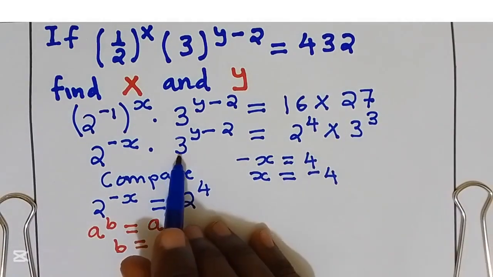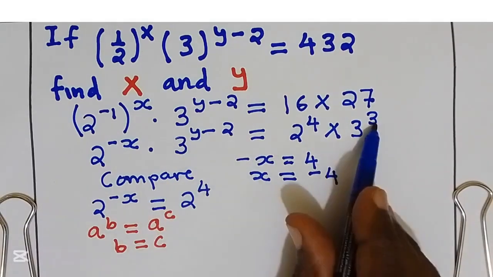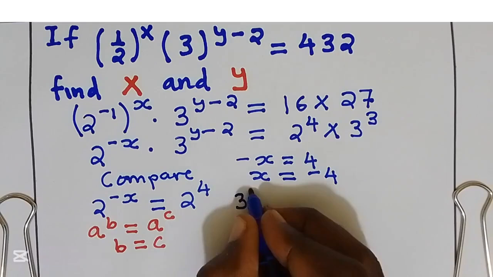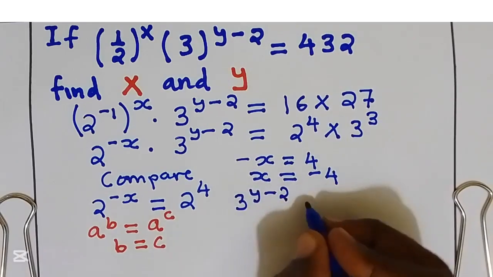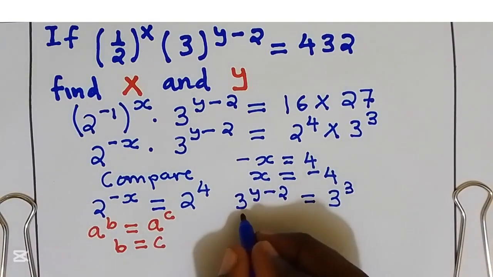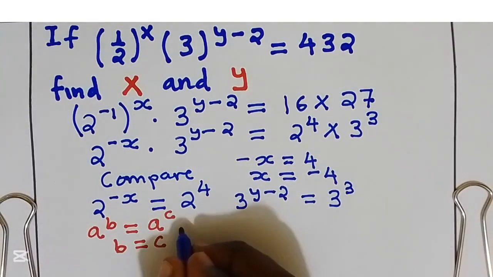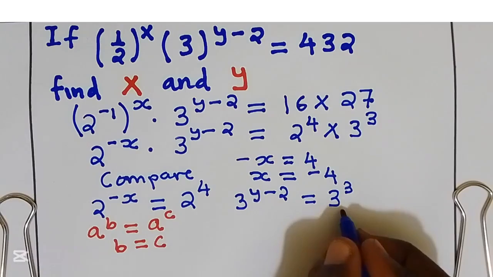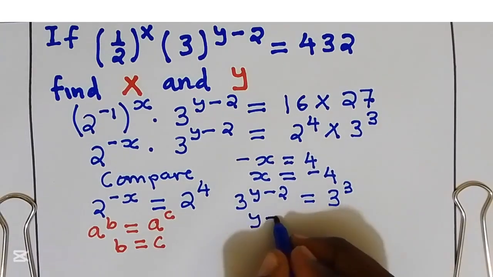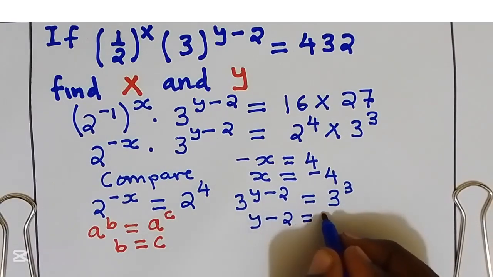Also compare 3 power y minus 2 and 3 power 3. 3 power y minus 2 is equal to 3 power 3. Now, for this exponential rule, the bases are the same, so y minus 2 is equal to 3.